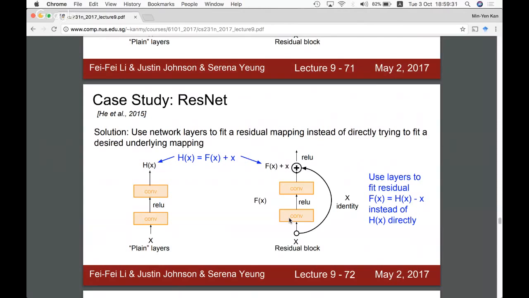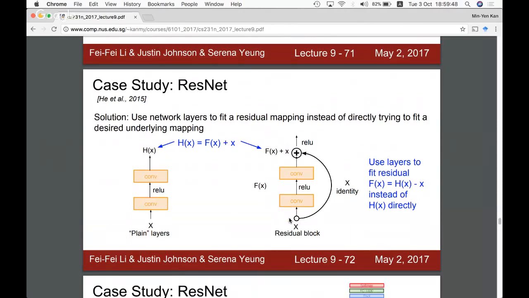Basically, H of x equals F of x plus the identity, so H of x is the residual plus the identity. What I think is, from their point of view, when they pass the input to another set of layers, they want to pass the gradients through as well. Then it maintains the gradients, and the deeper it is, the better the result.